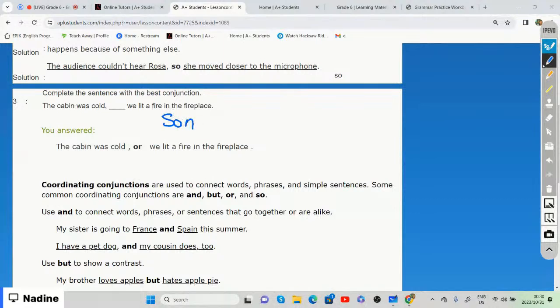The cabin was cold, so we lit a fire in the fireplace. So, and that is our coordinating conjunction.